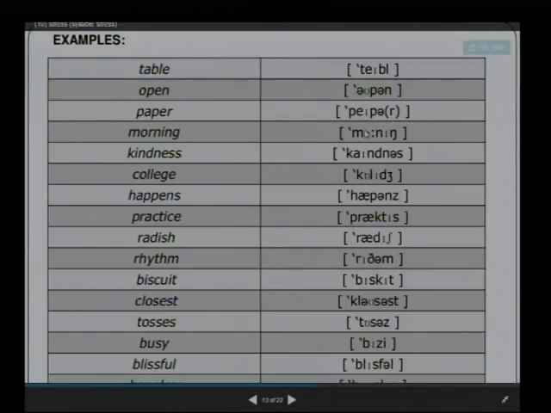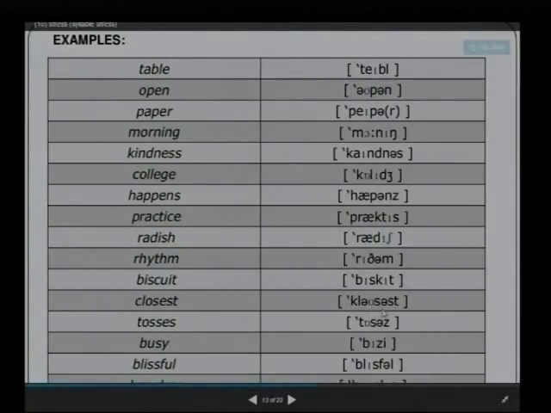Let's look at these words. Morning, again there is a stress here in the first part of the word. Kindness, college, happens, practice, radish, rhythm, biscuit, closest.